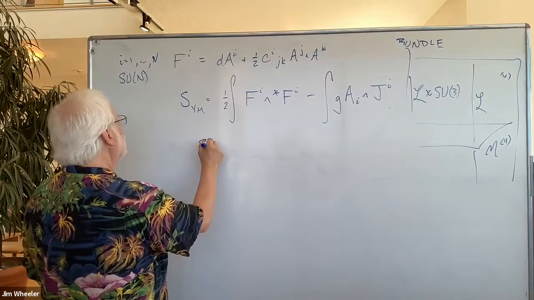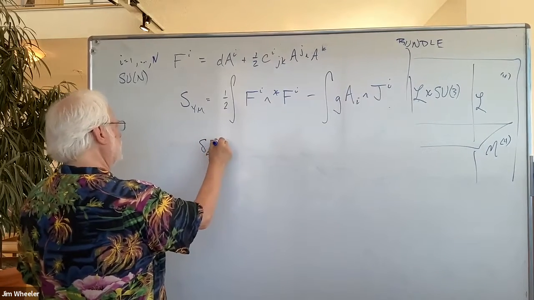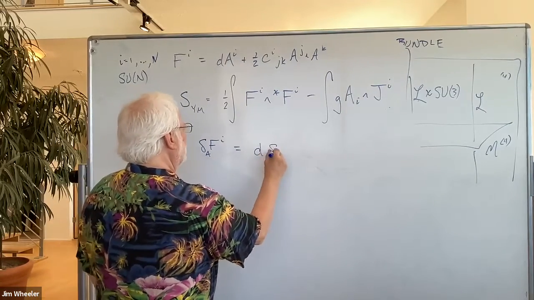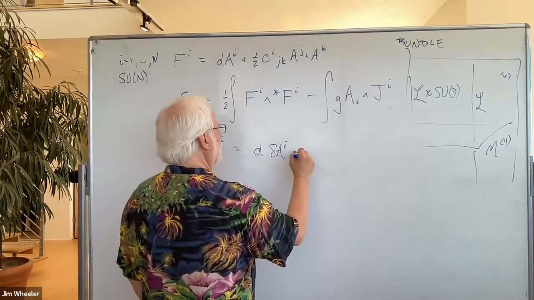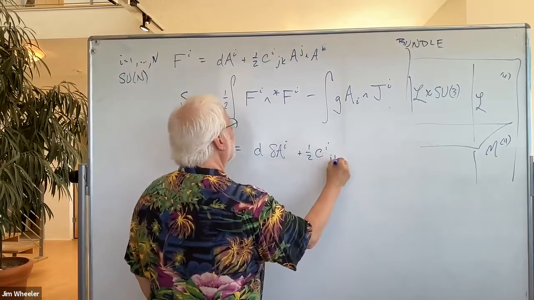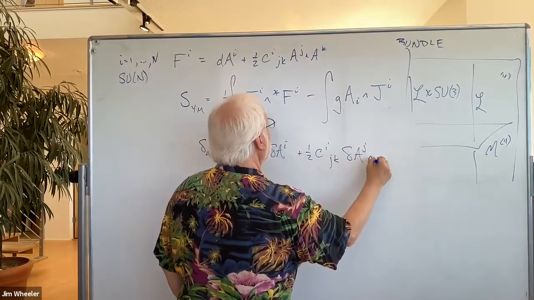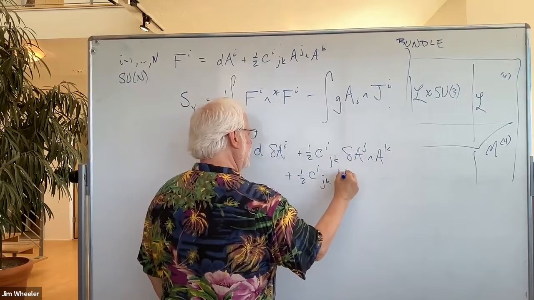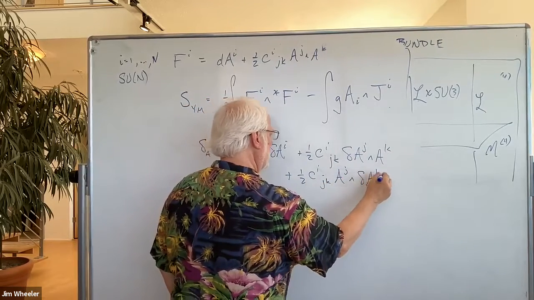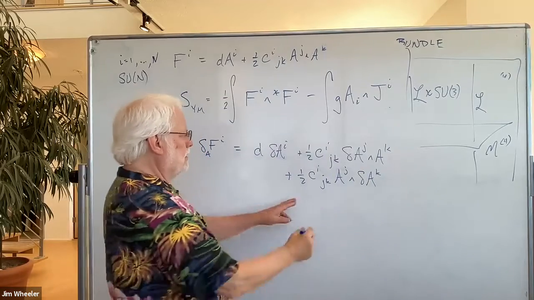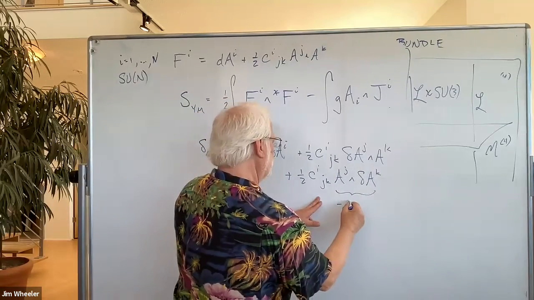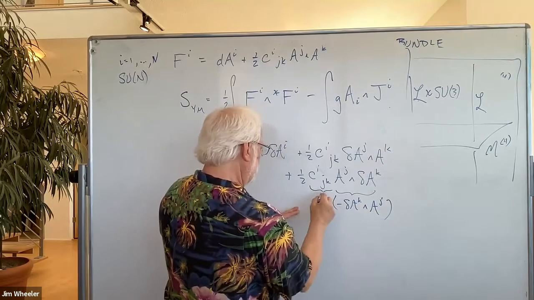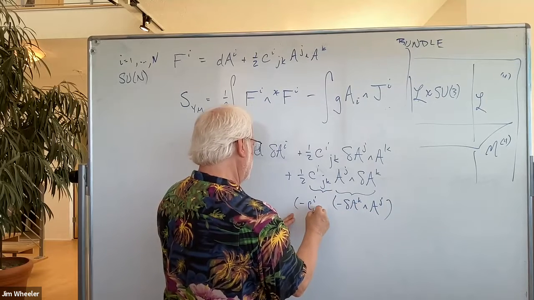If I vary A inside any curvature constructed this way, I get d of the variation of the connection plus a half C_ijk delta A_j wedge A_k plus 1/2 C_ijk A_j wedge delta A_k. Now this is minus delta A_k wedge A_j, and the structure constant is minus C_ikj.